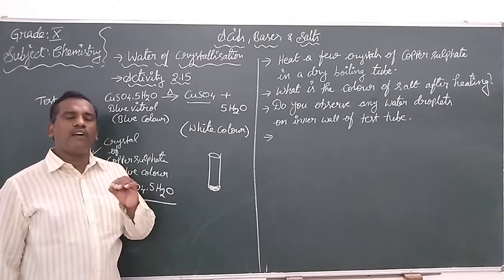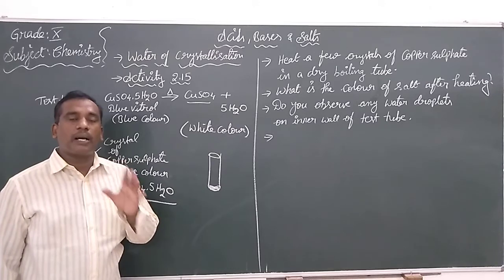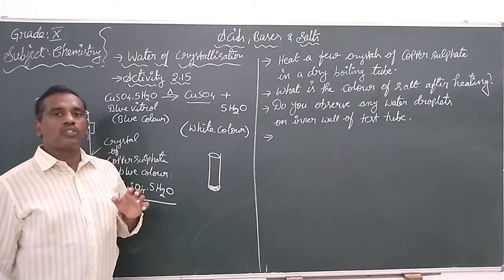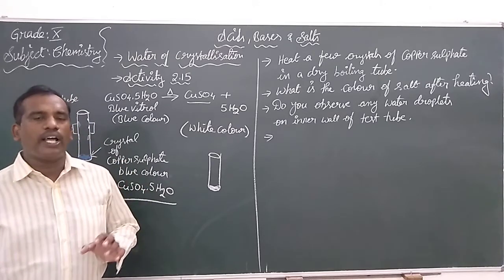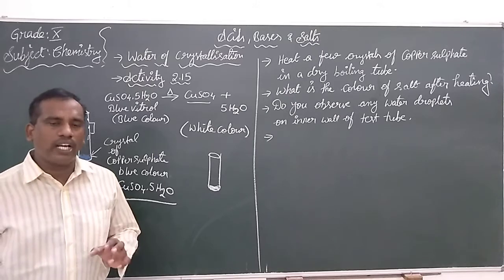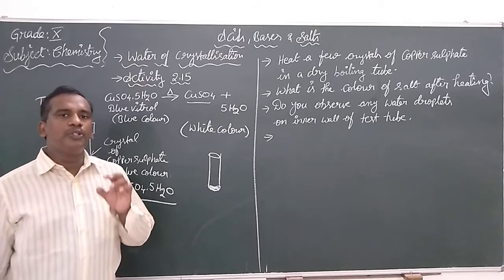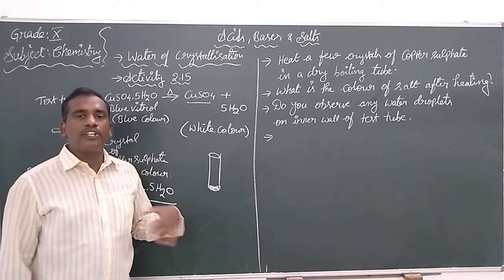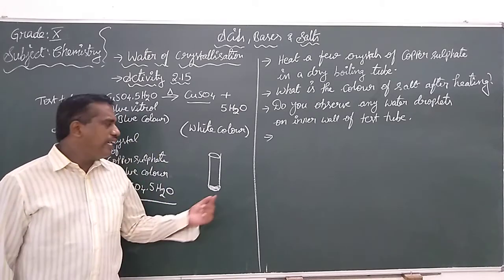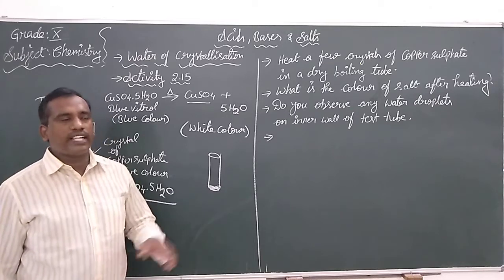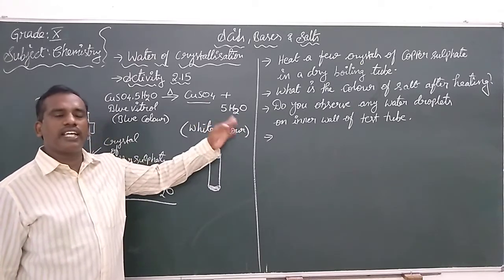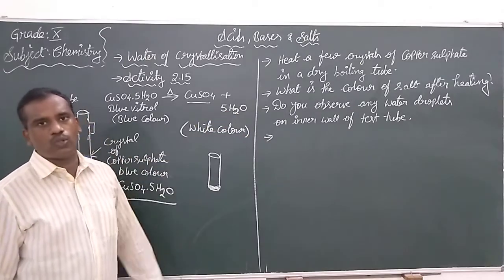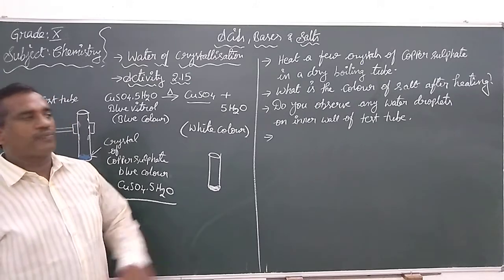What is the color of copper sulfate salt? Basically, which is also called blue vitriol. Its color is blue, hence it is called blue vitriol. But if it is heated, into what color is it transformed? It is transformed into white color as it is losing the water molecules from its formula.